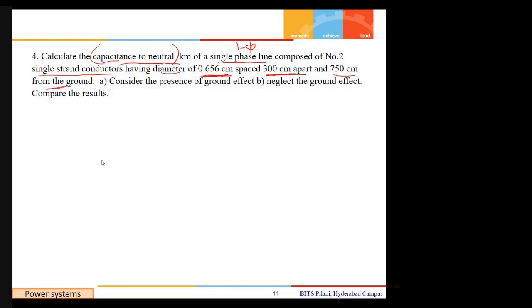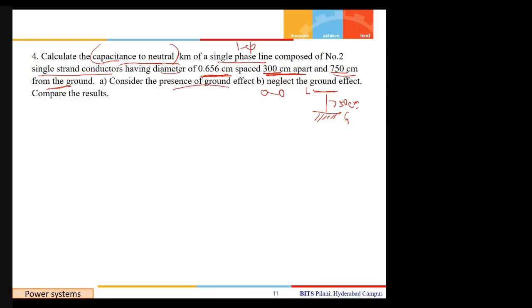So we have been given the distance of the conductor with respect to ground also. You have the ground here, and this is your transmission line. You have it 750 centimeter above the ground, and the conductors are spaced at 300 centimeter apart. So if you take the line to neutral, it is 300 centimeter.